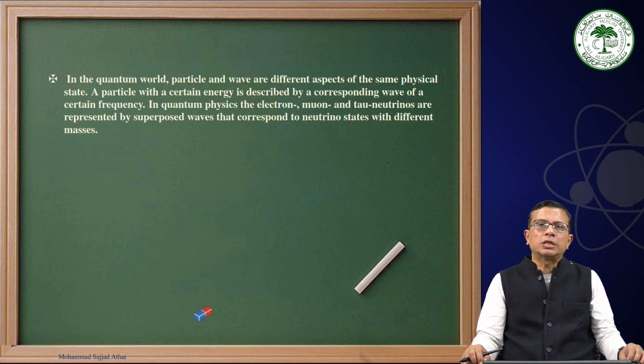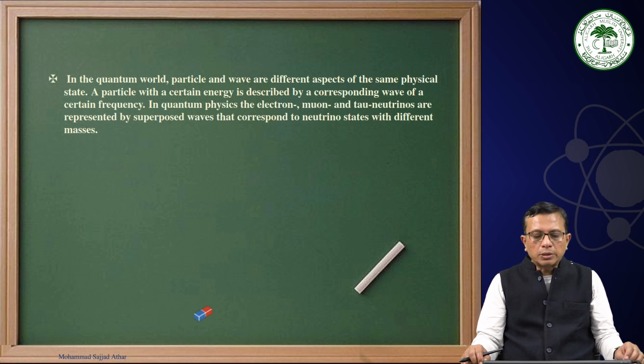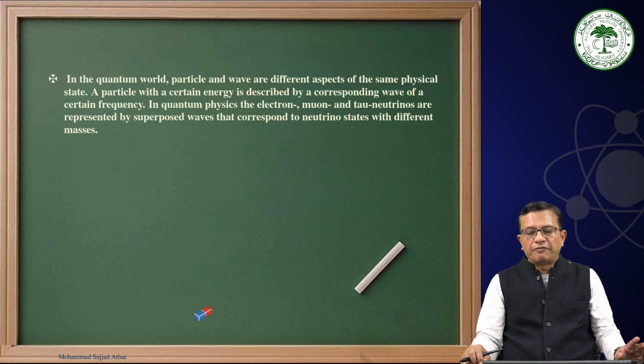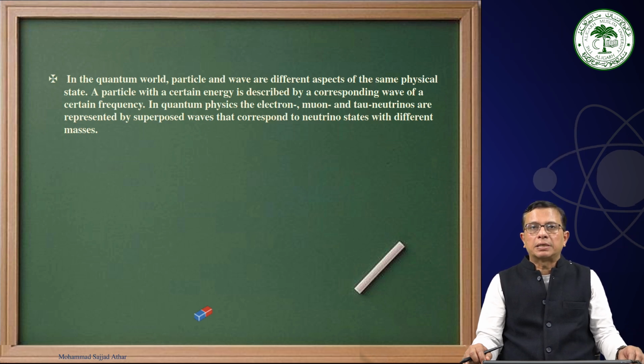Now, this neutrino oscillation is purely a quantum mechanical phenomenon, and in the quantum world, particle and wave are different aspects of the same physical state. As we have discussed wave-particle duality, we have talked about electrons as a particle as well as a wave. Experimentally we see the electron diffraction pattern, we see the neutron diffraction pattern, as well as we treat the neutron to be a particle, with neutron scattering experiments and all that.